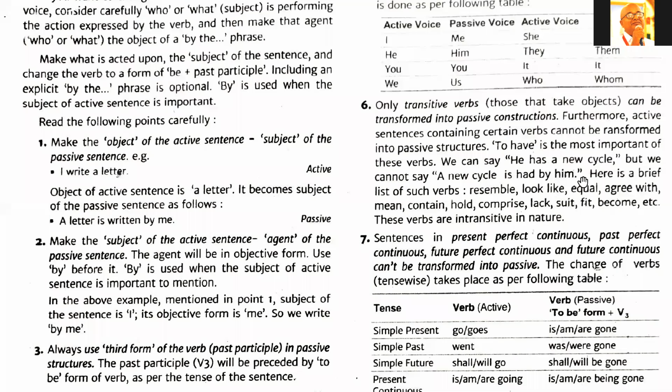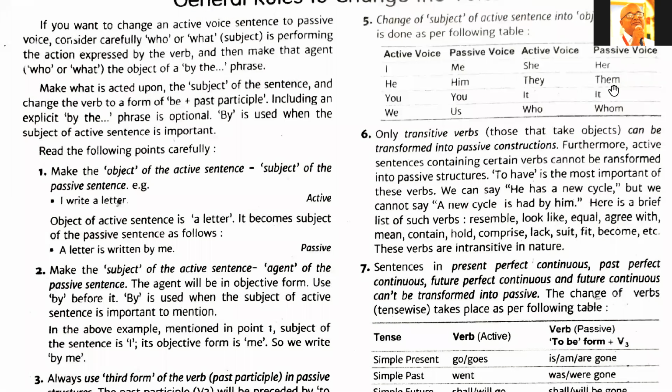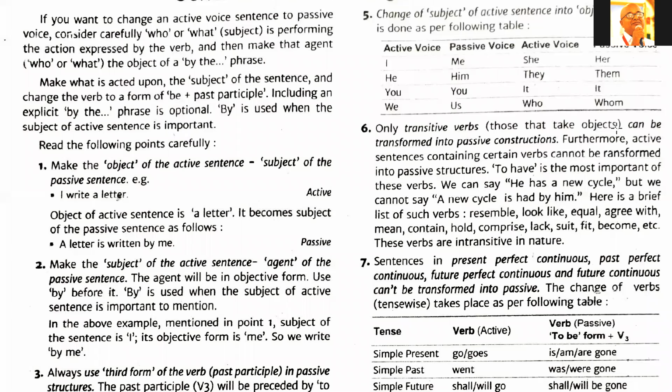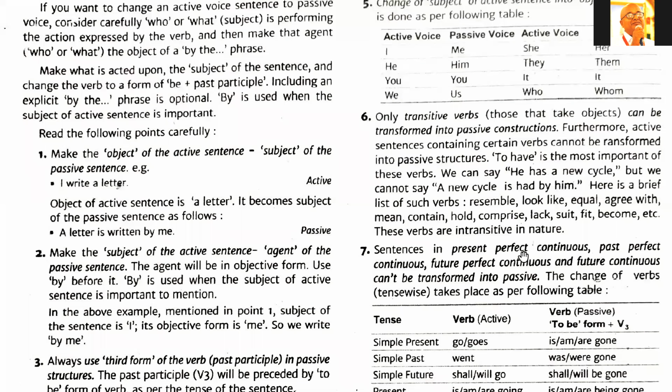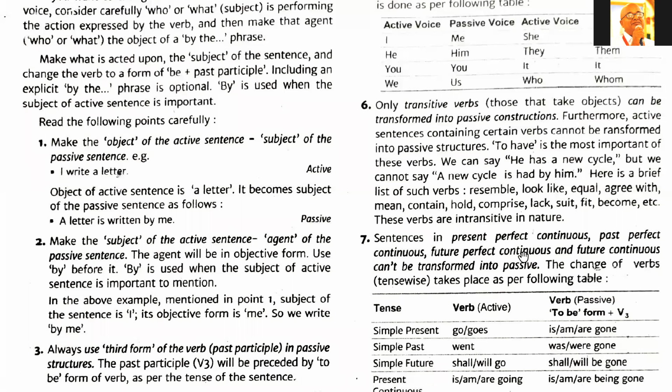We must use the pronoun in the objective form like him, her, them, me, us, like that. We should use transitive verbs only in passive constructions.